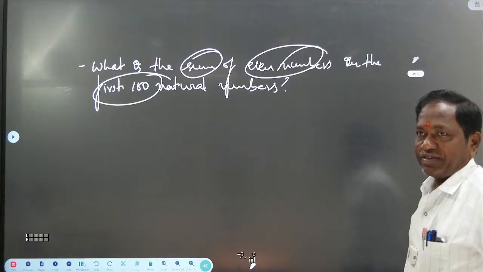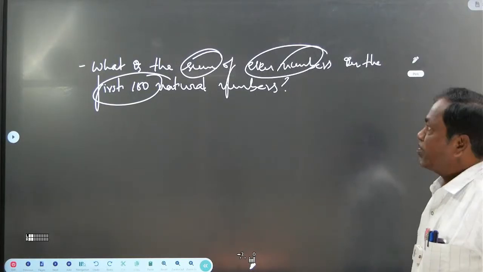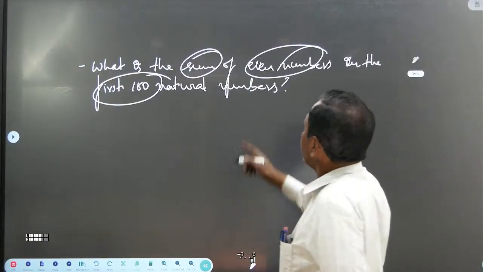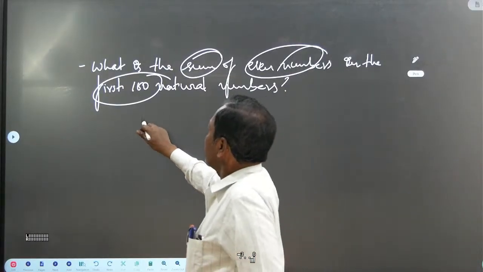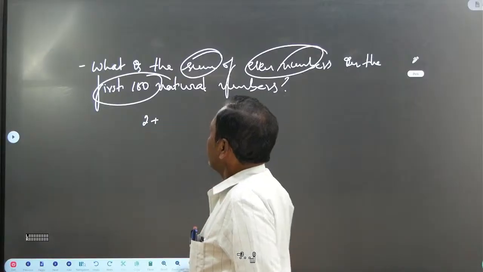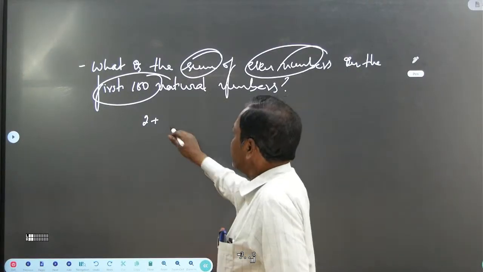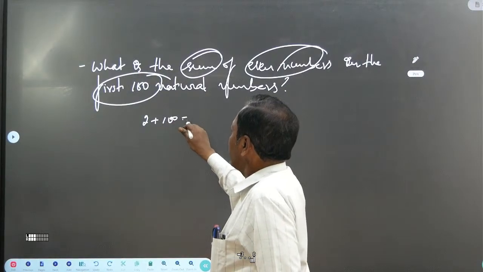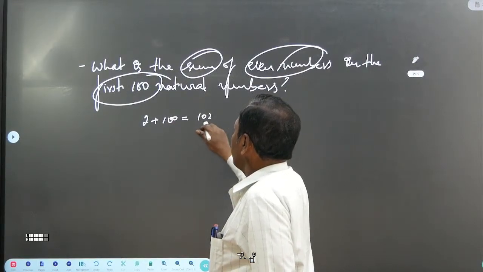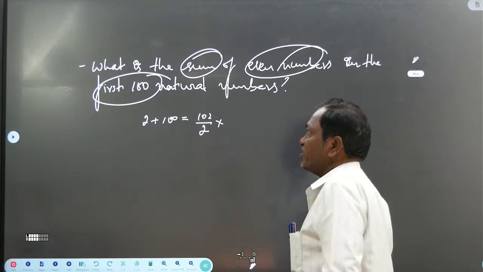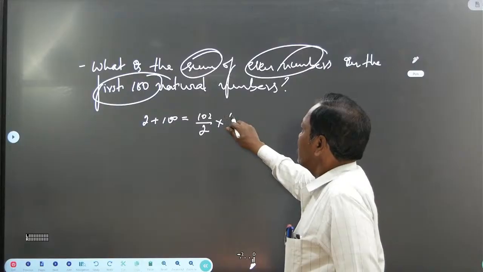Because it is an offline paper. Okay, sum, even numbers, first 100 natural numbers, right? So it is asking for the sum. Sum is equal to what? Average into number of observations. 2 plus 100, 102 by 2, that gives the average, into how many even numbers will be there in the first 100 natural numbers? 50.